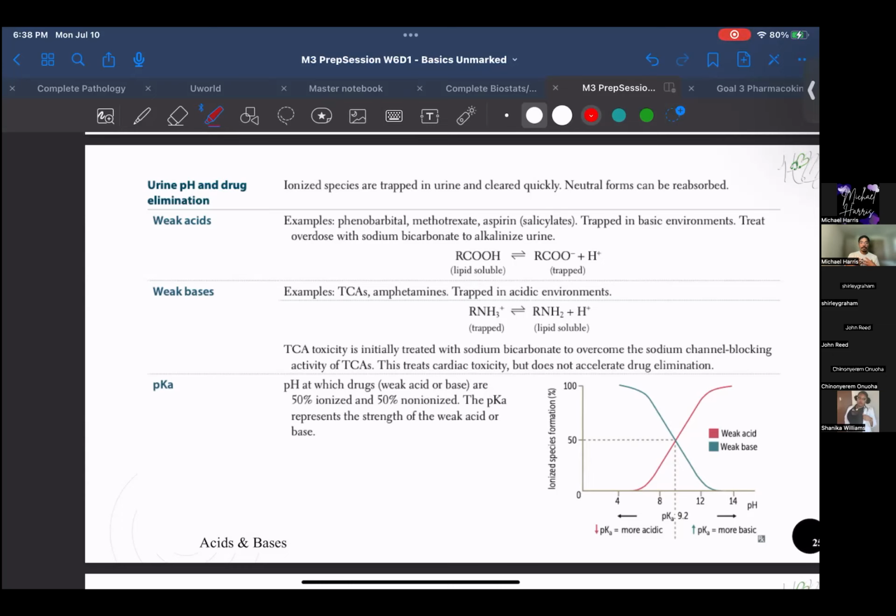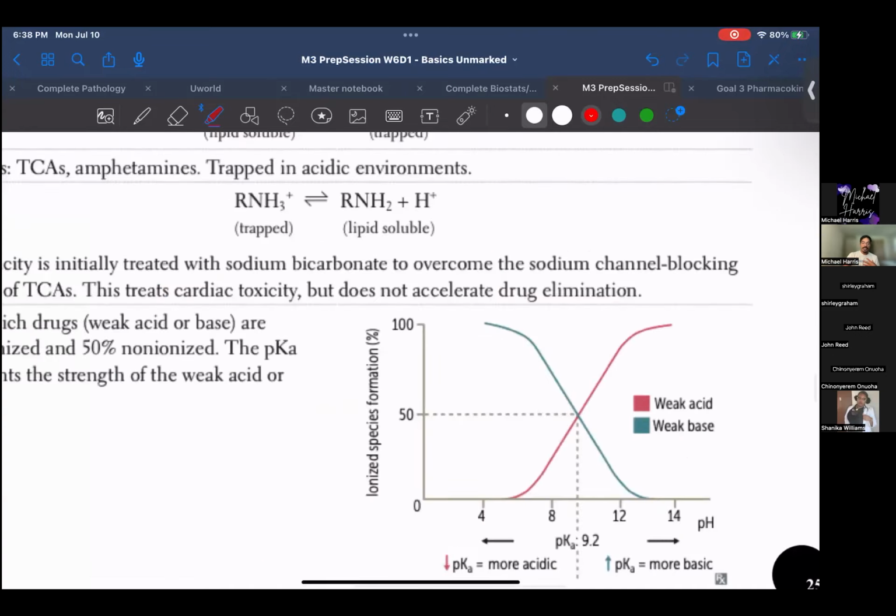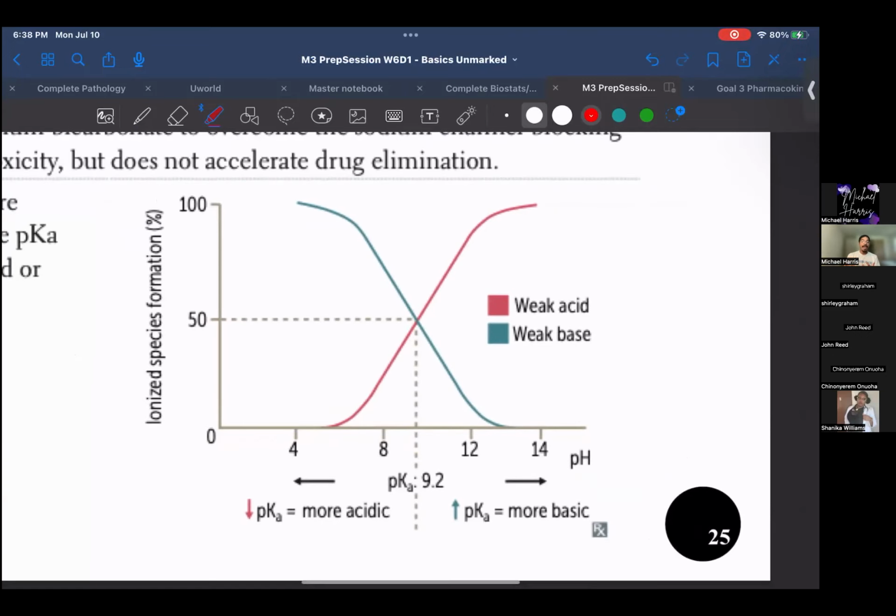Now, this is a graph to know how much is ionized, so you know how much is excreted.